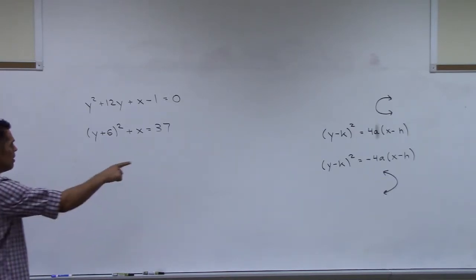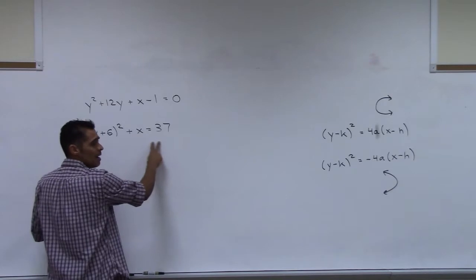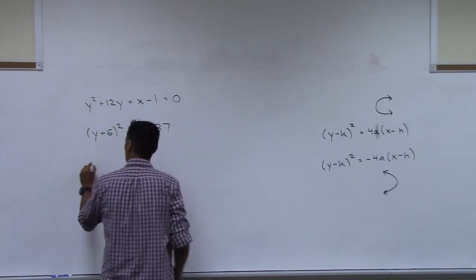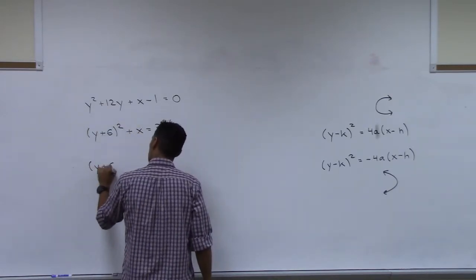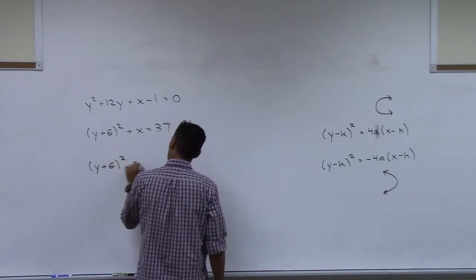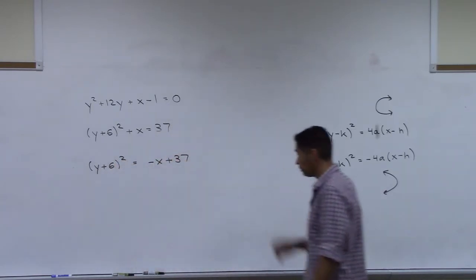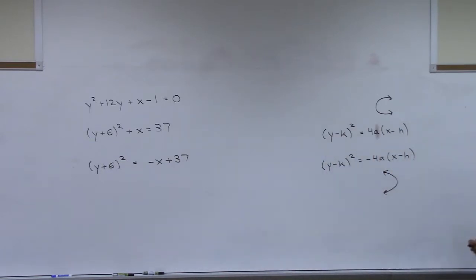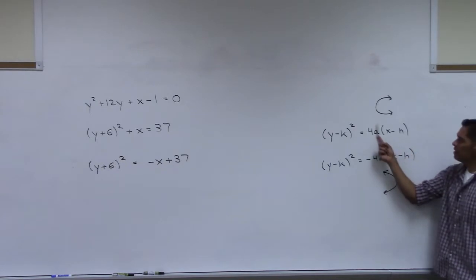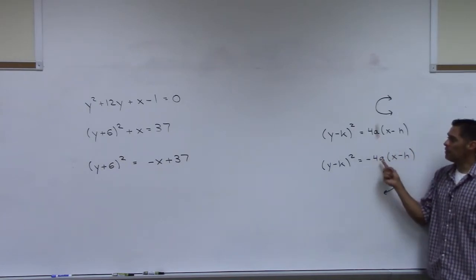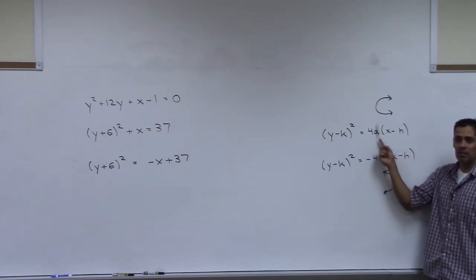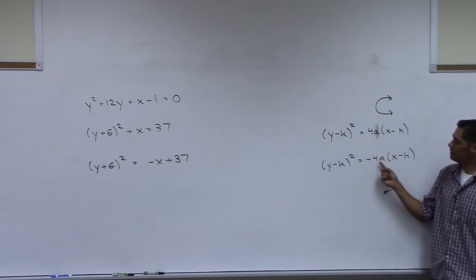Let's try and make it look like that. So let's move the x to the other side. How about we do that? Okay, so we get (y plus 6) squared equals negative x plus 37. Now both of these have a 4 out in front, right? A 4 in front.